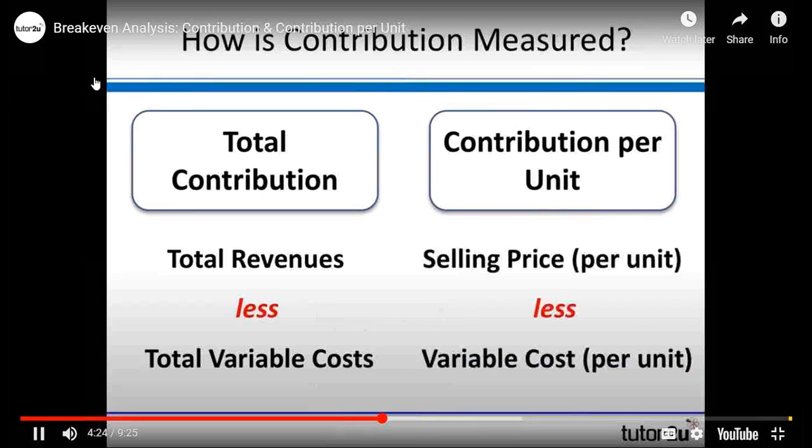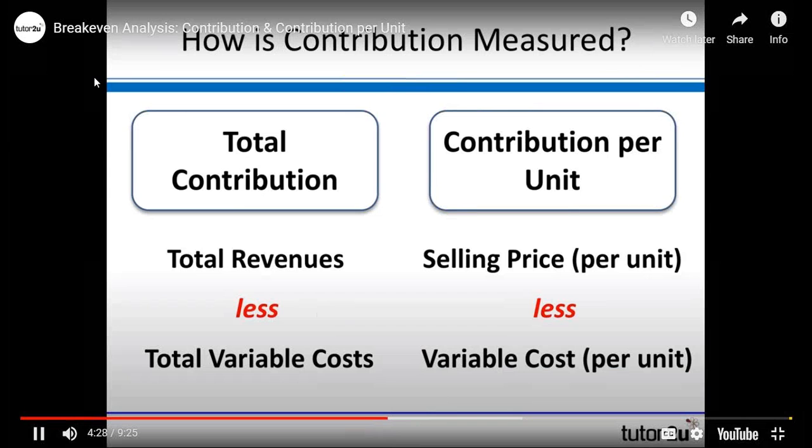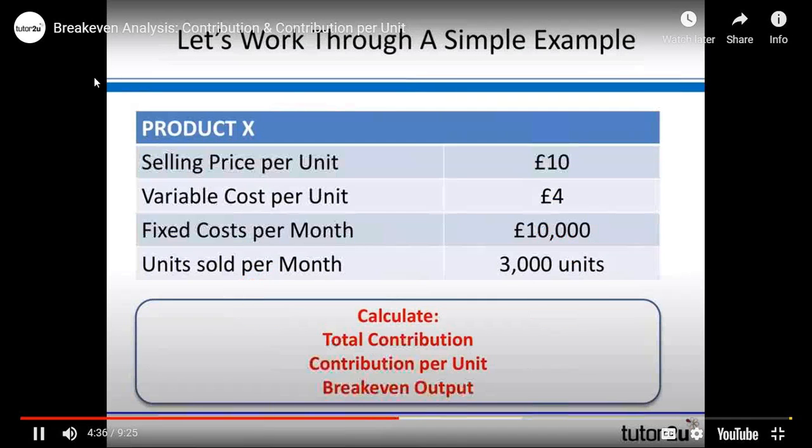So in any business, you can usually split costs into those which are variable and those which are fixed. For contribution, we are only interested to give us contribution per unit. That's a really important. So, as you will see here, the total contribution is the total revenue, which is the total value of the sale, or we call turnover less total variable cost.